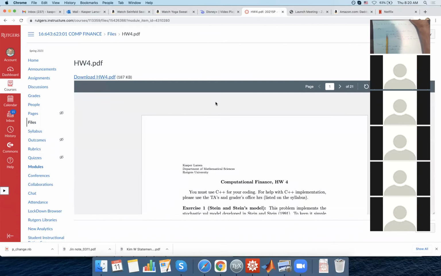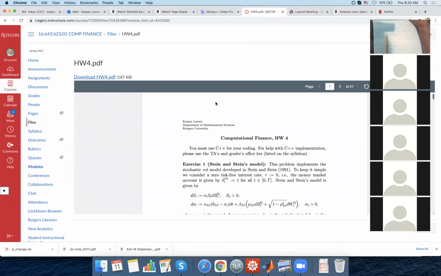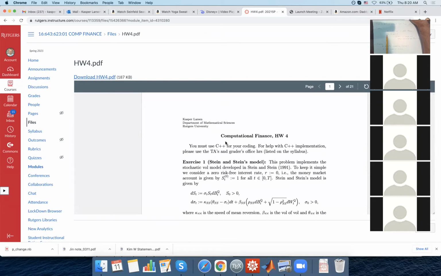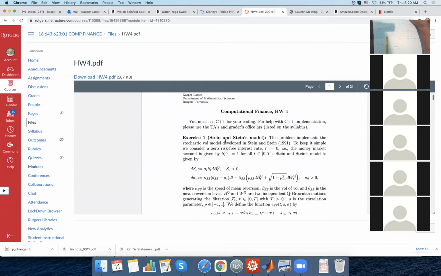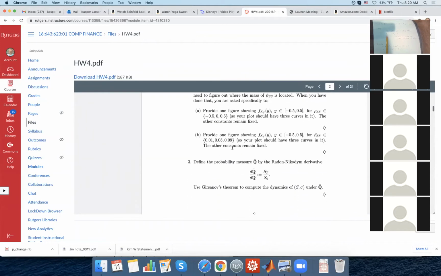And this homework here is all about implementing Stein and Heston's model. So the first problem is about Stein and Stein. So it's a stochastic vol model. So you implement Stein and Stein.